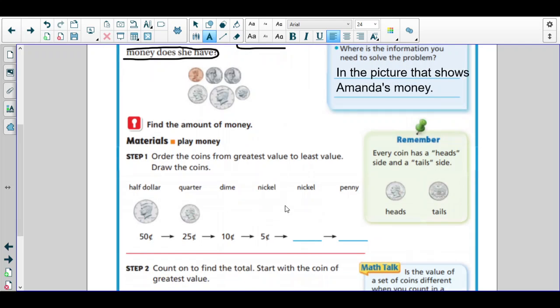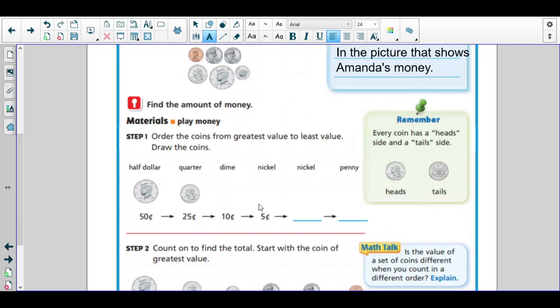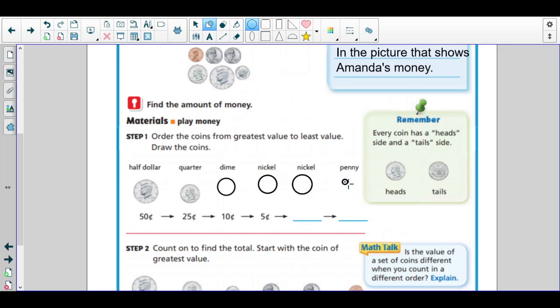All right, so let's order the coins here from greatest to least. And anytime we have a problem like this, you're not expected to draw out the exact picture of a dime, but what you can do, and I have the luxury of doing this, is just draw a little circle here. So I'm going to go ahead and just draw a few more circles right through here. And a dime is 10 cents.